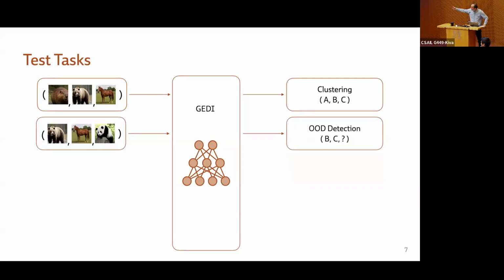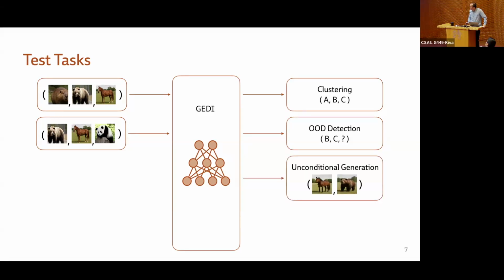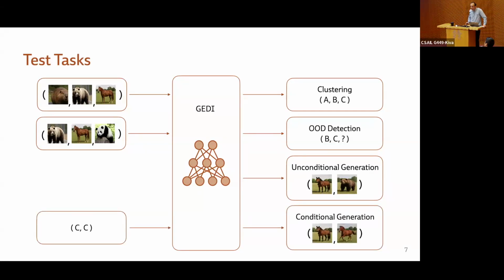For instance, here you can see a panda that was not observed during training, and the model will be able to detect that this does not belong to the training distribution, so it will detect an anomaly. Also, thanks to the generative capabilities, we can generate data, so we can visualize what the network has learned. Moreover, we can use the concept to generate data conditionally, so we can visualize conditionally what the network has learned.